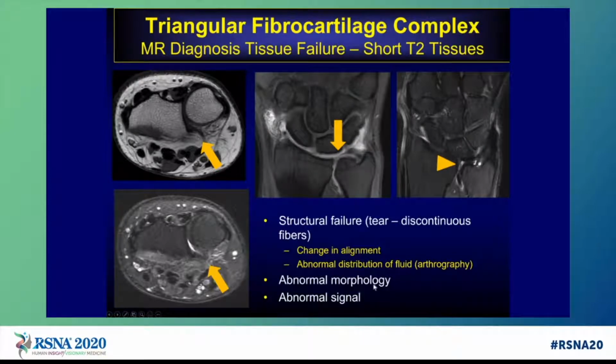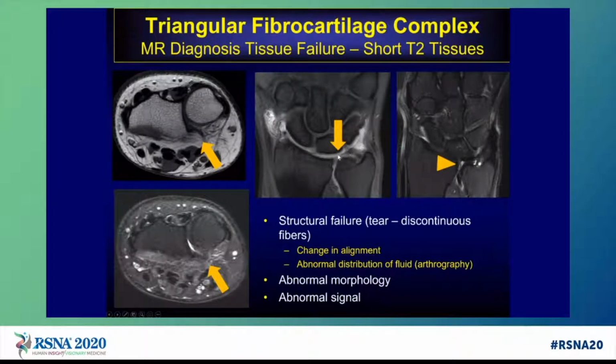And so clearly in every musculoskeletal tissue, we're going to look at morphology and signal intensity. As we consider structural failure in the ligamentous structures, as well as the triangular fibrocartilage, we're going to look for areas of tears or discontinuity. In the axial proton density and proton density fat suppressed sequence here, we see the discontinuity of the ligamentous structure. This is a more subacute presentation without a lot of high signal intensity in the soft tissues.